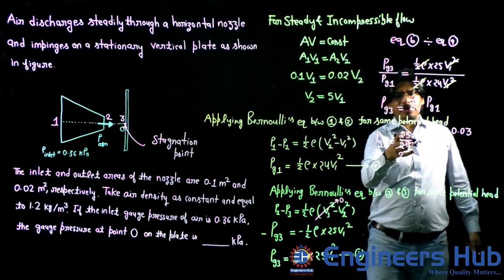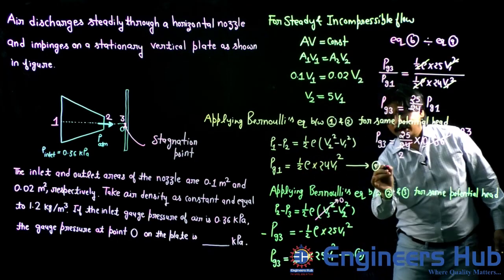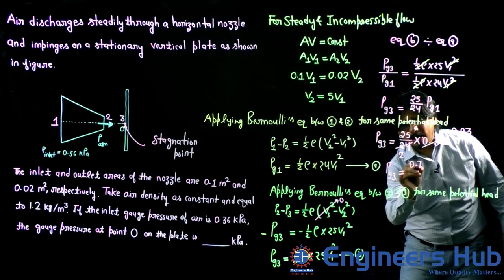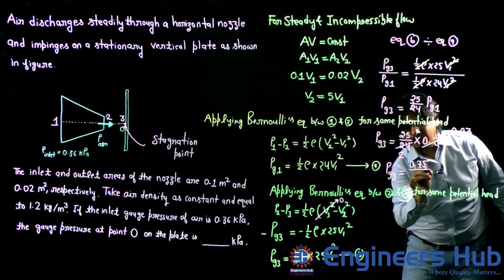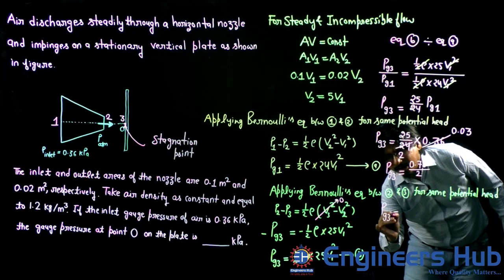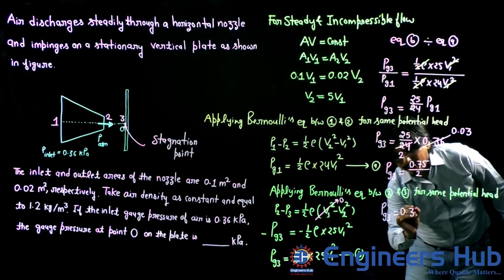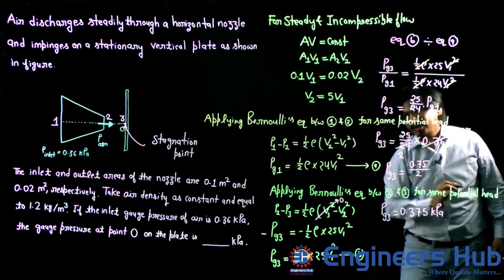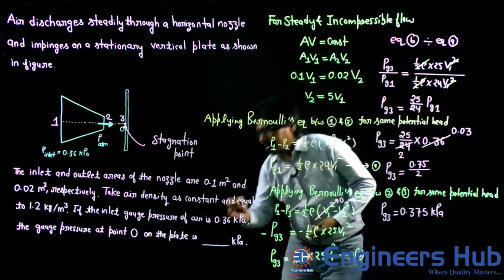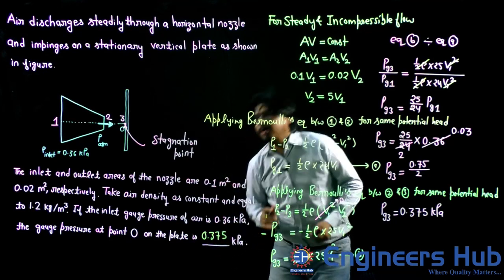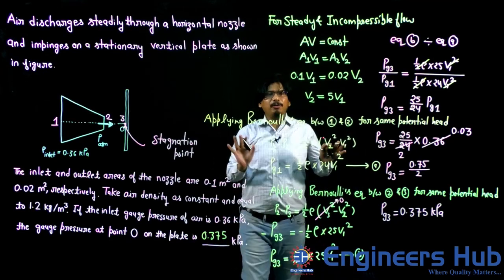So 25 into 0.03 will be 0.75 divided by 2. So basically, my friends, Pg3 comes to 0.375 kilopascal. This is the answer, my friends. Look here, no use of calculator.